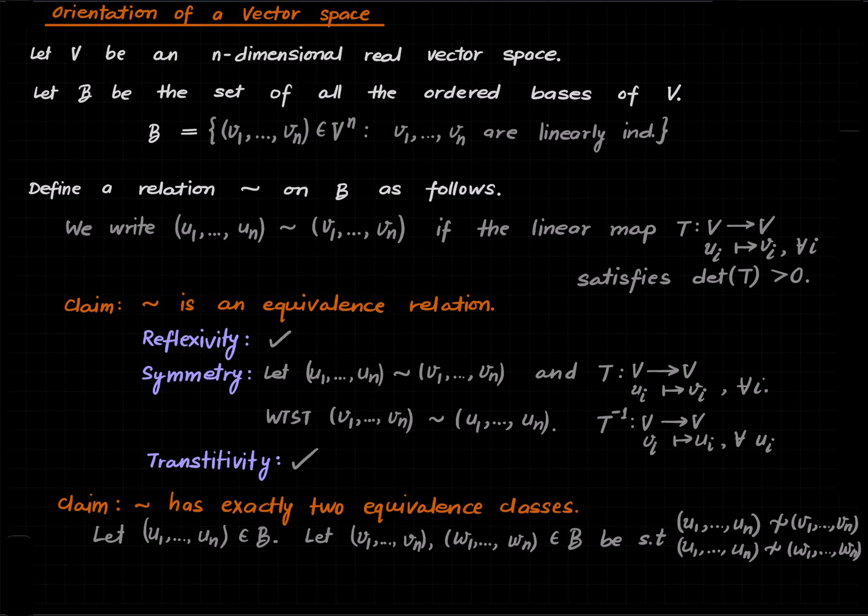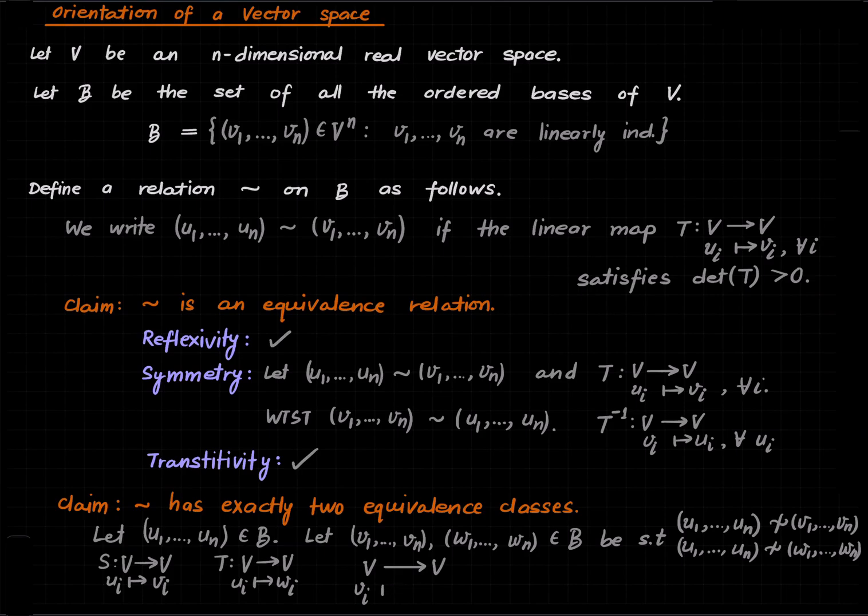So we have the linear map S, which takes Ui to Vi, and we have the linear map T, which takes Ui to Wi. Both of them have negative determinant. They do not have positive determinant by assumption, so they necessarily have negative determinant because the determinant cannot be 0. They are invertible maps.